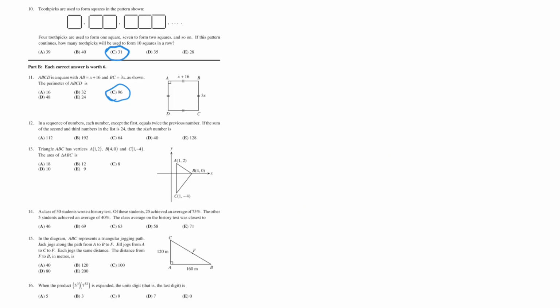Number 12. In a sequence of numbers, each number except the first equals twice the previous number. If the sum of the second and the third in the list is 24, then the sixth number is... If the first number is x, the next number will be 2x and then 4x.